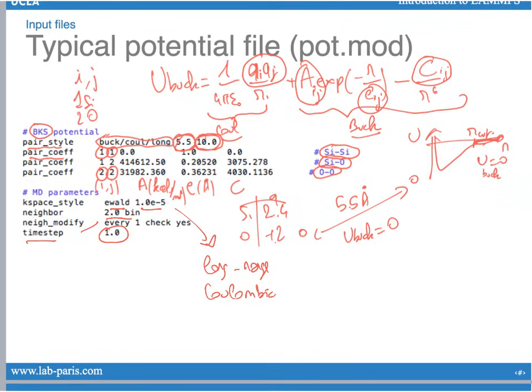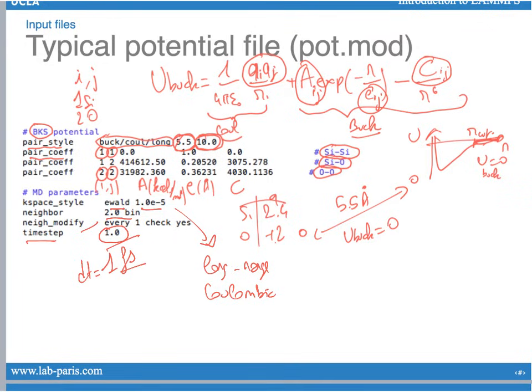So this time step is very important. It needs to be small enough so that the numerical integration is correct, so that you can take only the first order expansion, the Taylor expansion, of the velocity and of the position. Again, this time step is a time, so it comes with a unit. In this case, we are using real units, so this time step is expressed in femtoseconds. It means that the time step is 1 femtosecond.